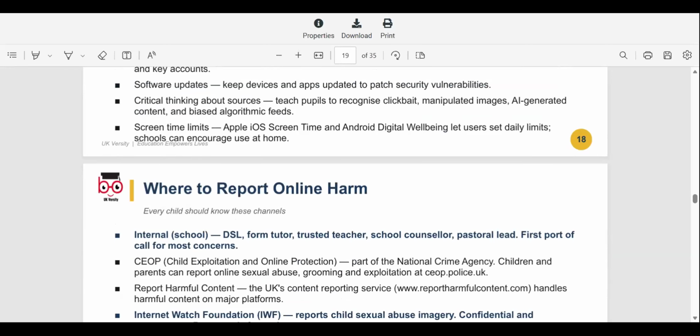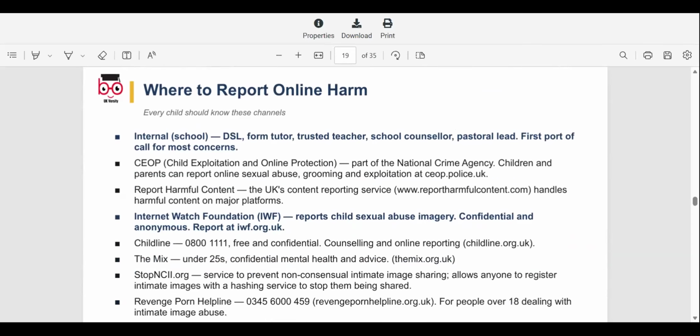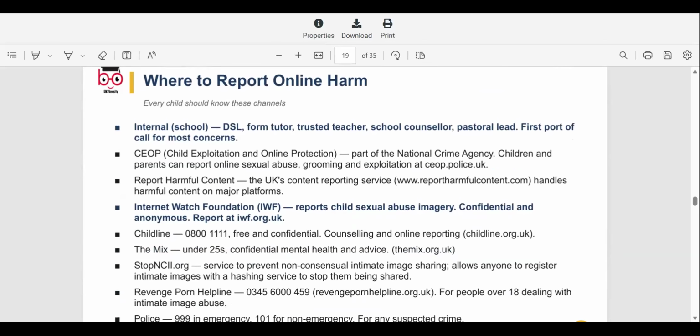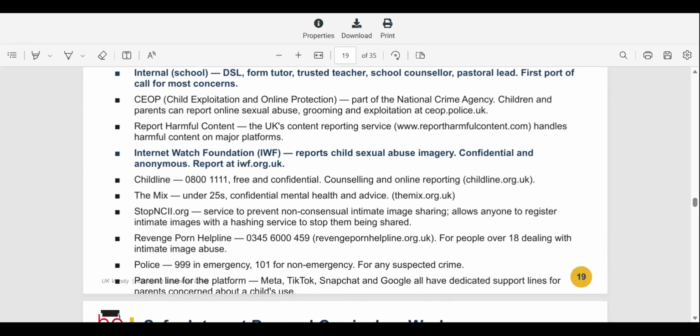Where to report online harm. Children, parents, and teachers must report online harm immediately to trusted safety channels. For schools, it's the DSL, the designated safeguarding lead, or CEOP, Child Exploitation and Online Protection, to report harmful content. You've got Childline as well. You've got things like The Mix.